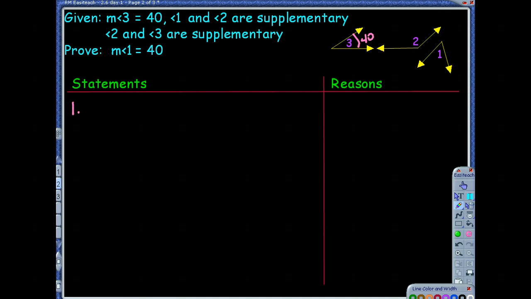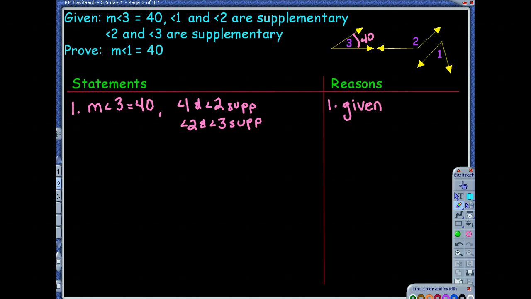All right, so while you're writing that, I notice where I'm going. I'm trying to show angle 1 is 40 degrees, which to me seems kind of logical. But what's kind of a red flag to me is in the given, and Ms. Hograby mentioned this, that they were given 2 sets of supplementary angles.